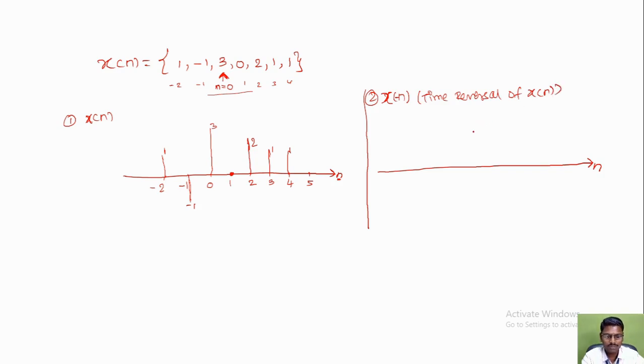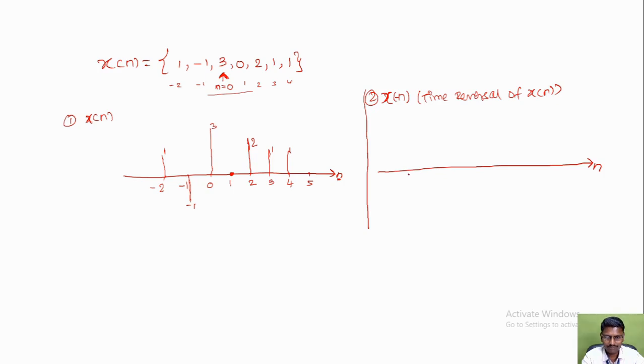I already have the signal for x of n, and I am going to reverse it to get x of -n. The right side terms will shift towards the left and the left side terms will shift towards the right, keeping 0 as the reference sample.